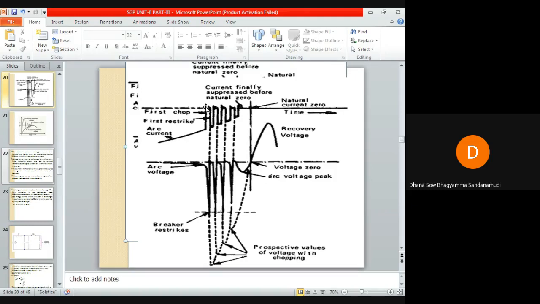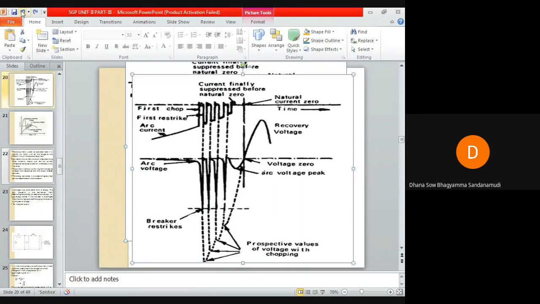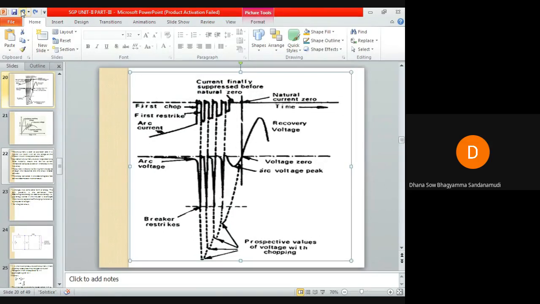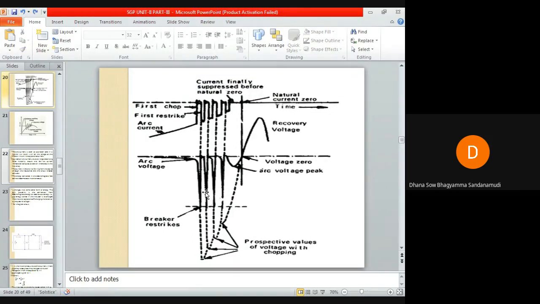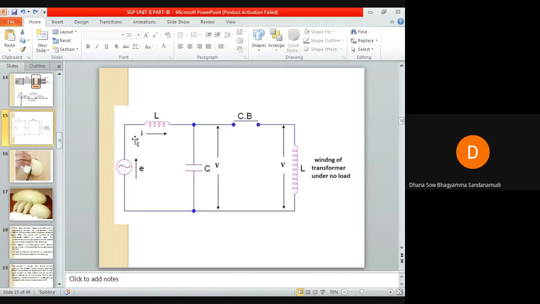The electromagnetic energy which was stored in the inductor has to be changed into some other form of energy.